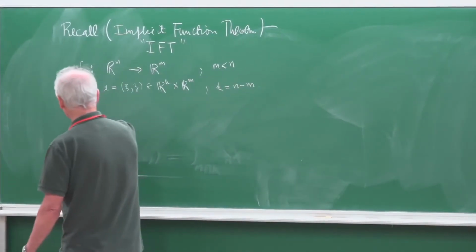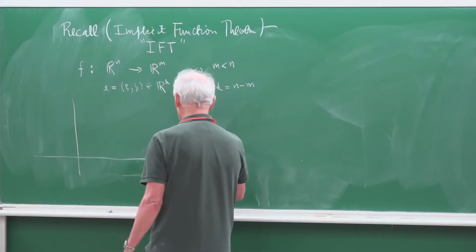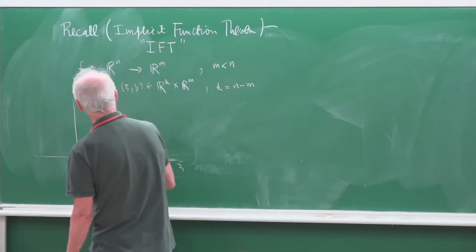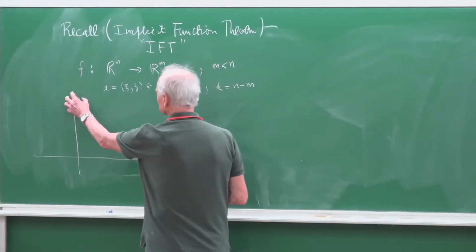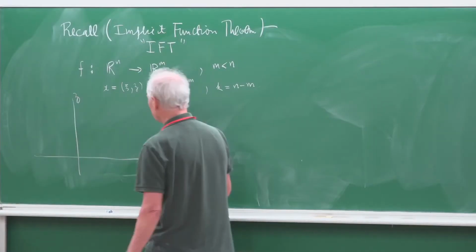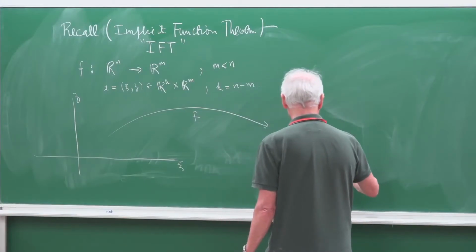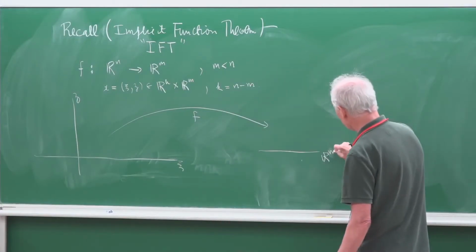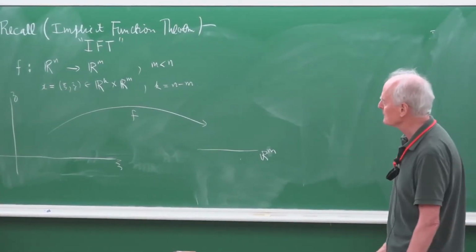So we're mapping that way. Schematically we'd have xi here. Keep in mind, though, that this is really an R^k space and this is an R^m space, and we've got a mapping F going over here to R^m. For instance, if m is equal to 1, it would be just mapping onto the real line. That would be one case that's important.